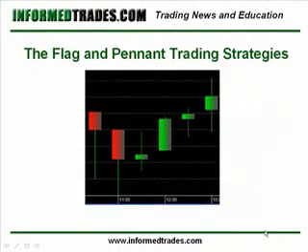As we've learned in our last lesson, when you spot a flag pattern in an uptrend, this is a bullish sign, as the market consolidation which forms the flag is seen as a pause before a resumption of the original uptrend. As this is the case, traders will commonly look to enter a long position.